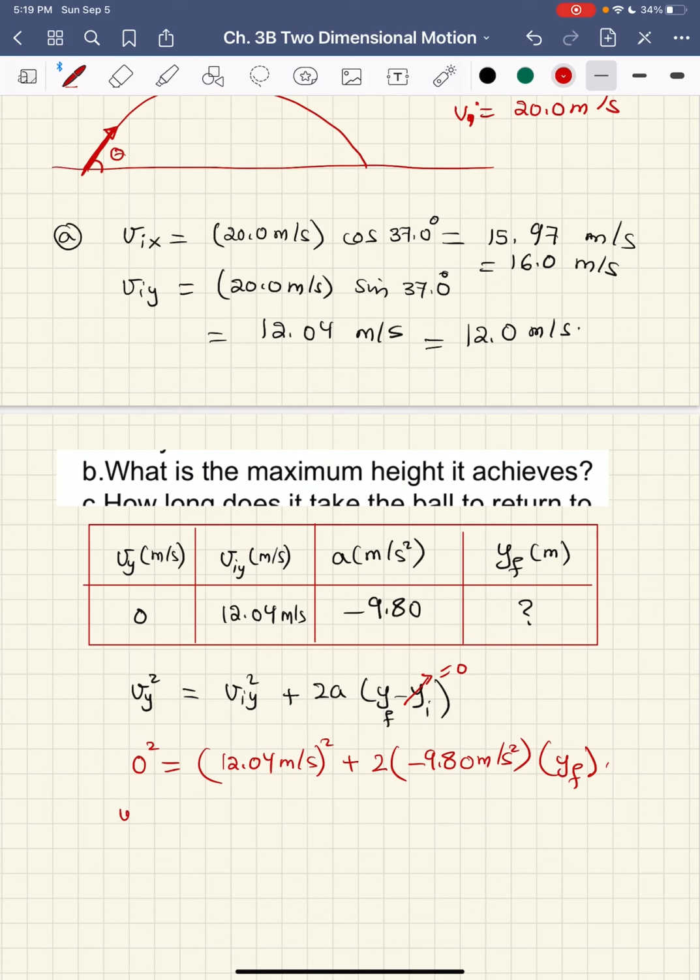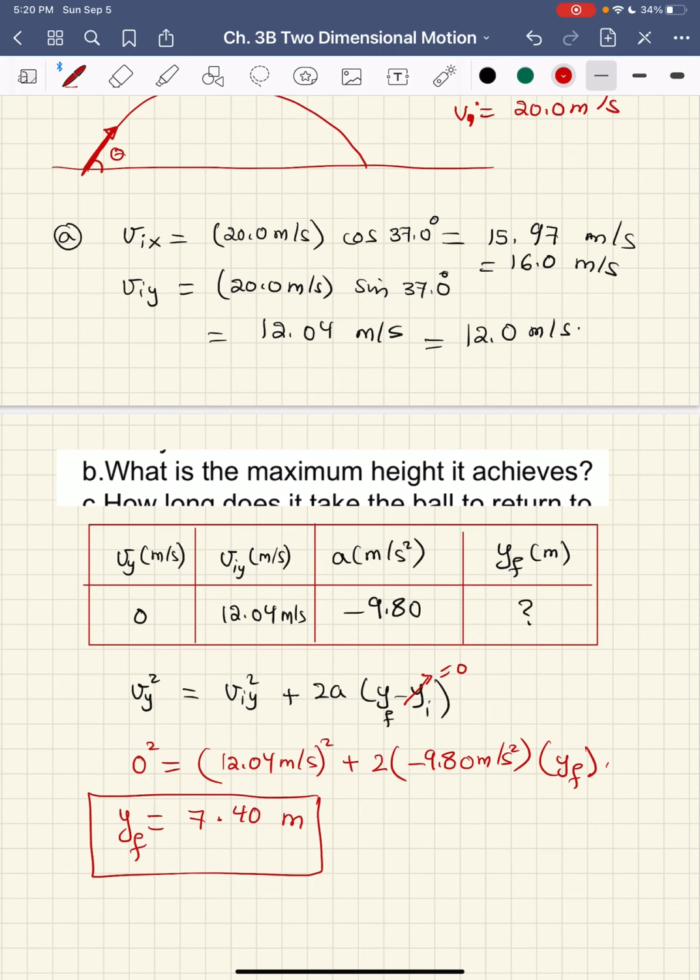From that, we can calculate y final to be: square the 12.04, so 12.04 times 12.04, divided by 2, divided by 9.8, is going to be 7.396, then it is going to be 40 meters.